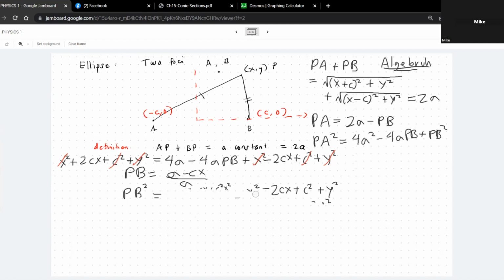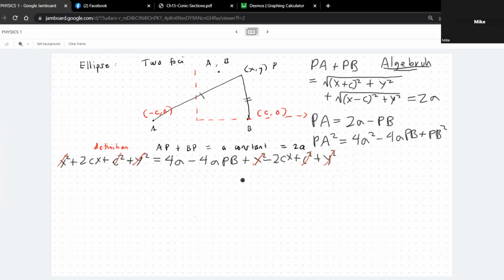Pero dyan kasi, di ba, 4a. So 4a squared minus 4a pb plus pb square. Ngayon, pb square is. Sige, stop. So, yan na muna. Balikan natin yan. So, x square magka-cancel.